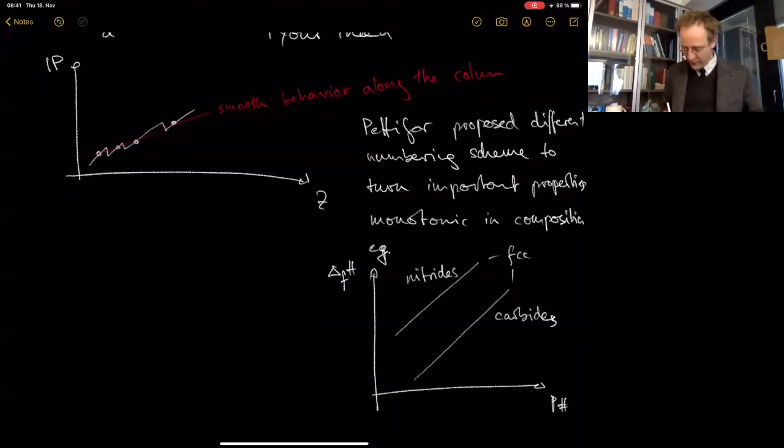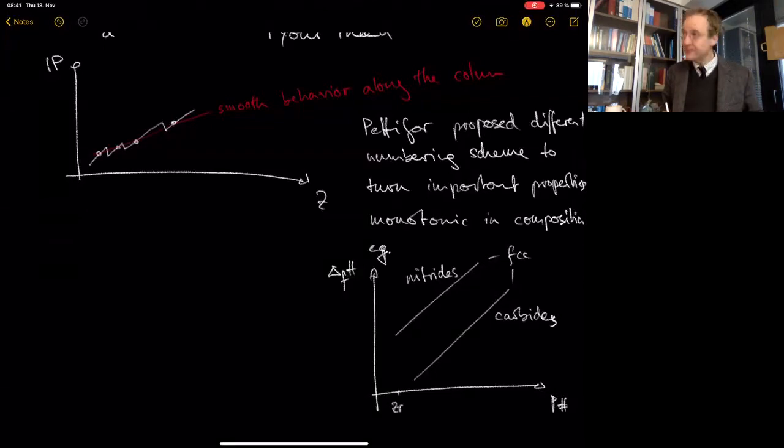And the ordering would be something like zirconium, tungsten, chrome, technetium, manganese.